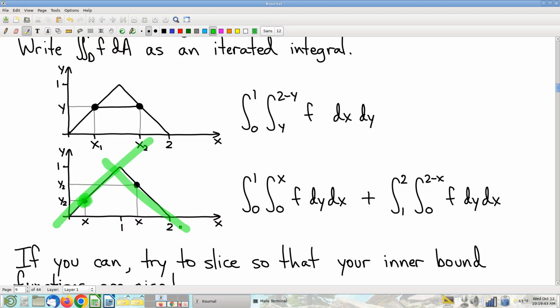So for a given value of x, my upper bound for y is defined by two different curves. The lower bound for y, no problem. The lower bound for y is just 0. No issue.